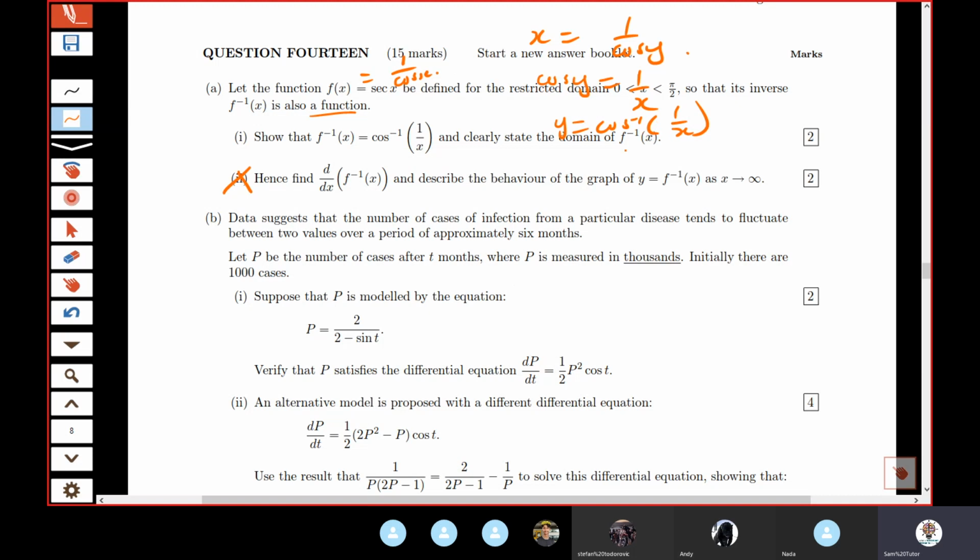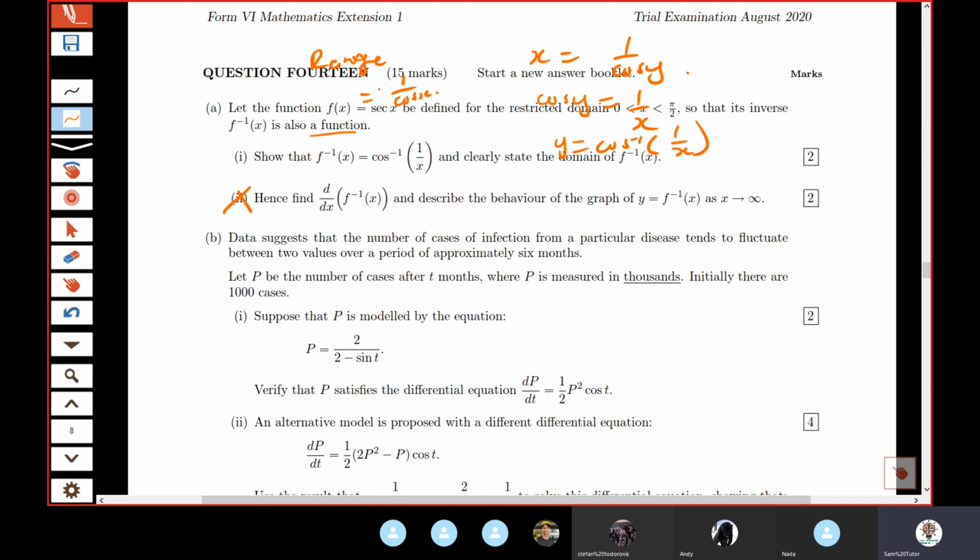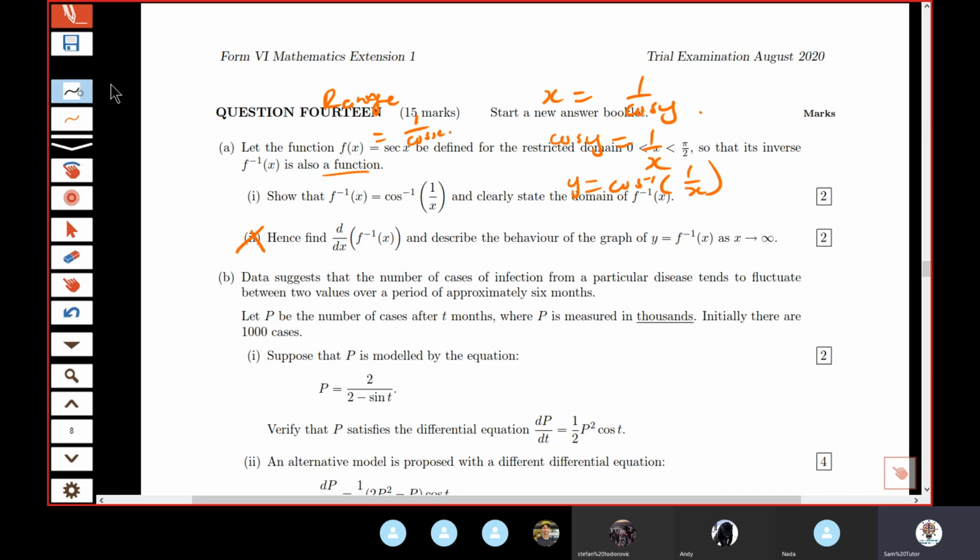And what would be the domain of the inverse? Well, what was the range of sec? If you don't know it or you haven't memorized it, let's just quickly derive it. Cos looks like this, and it's from 0 to 90 degrees.